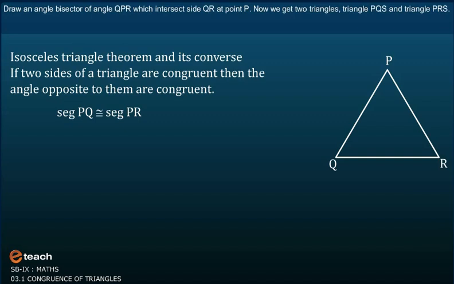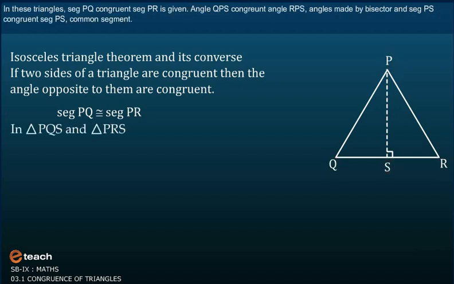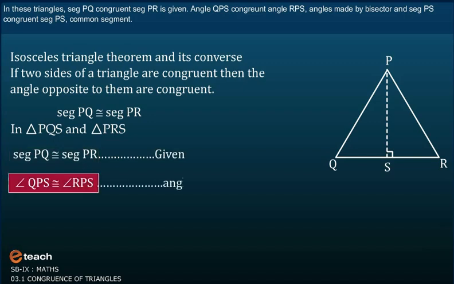Draw an angle bisector of angle QPR which intersects side QR at point S. Now we get two triangles, triangle PQS and triangle PRS. In these triangles, segment PQ is congruent to segment PR, as given. Angle QPS is congruent to angle RPS, the angles made by the bisector.